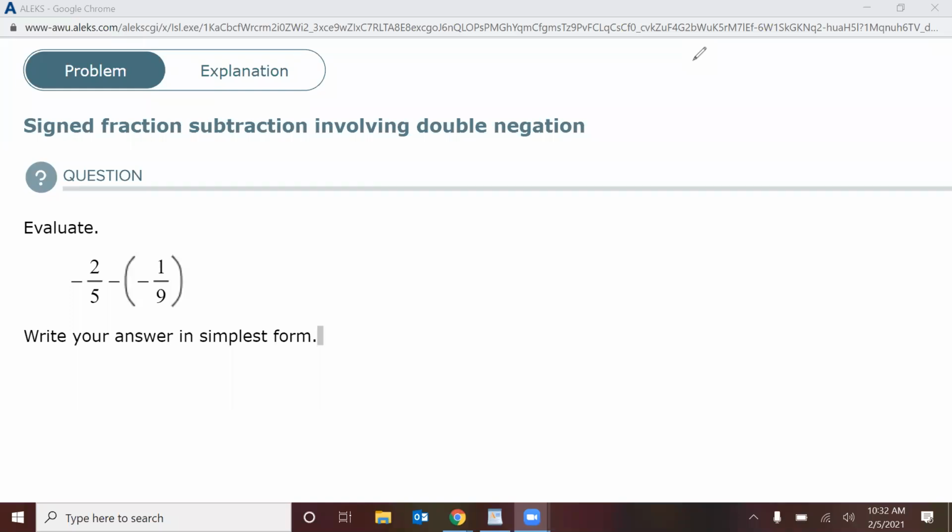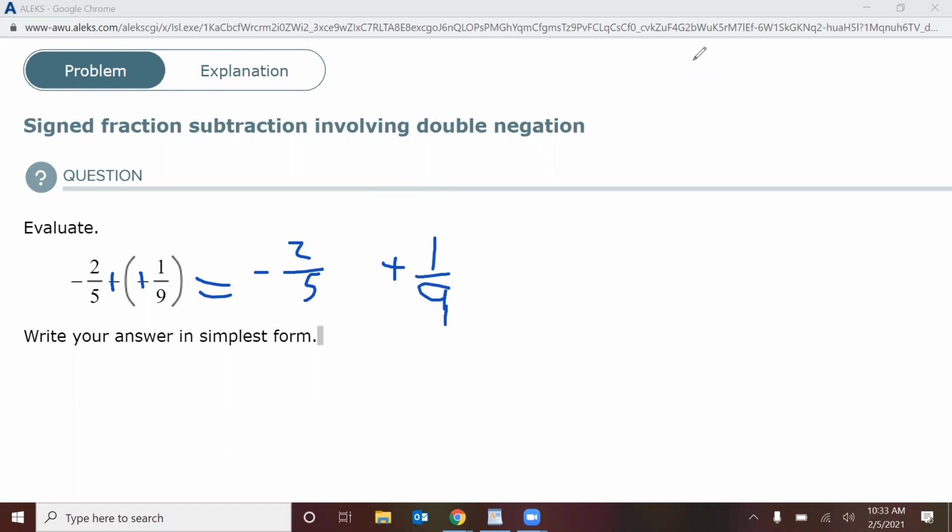Now let's do another minus a minus problem, but this time involving fractions. Because it is minus minus, I can immediately say blam blam, like a double barrel shotgun. Those guys are both addition. So I have negative 2/5 plus 1/9.